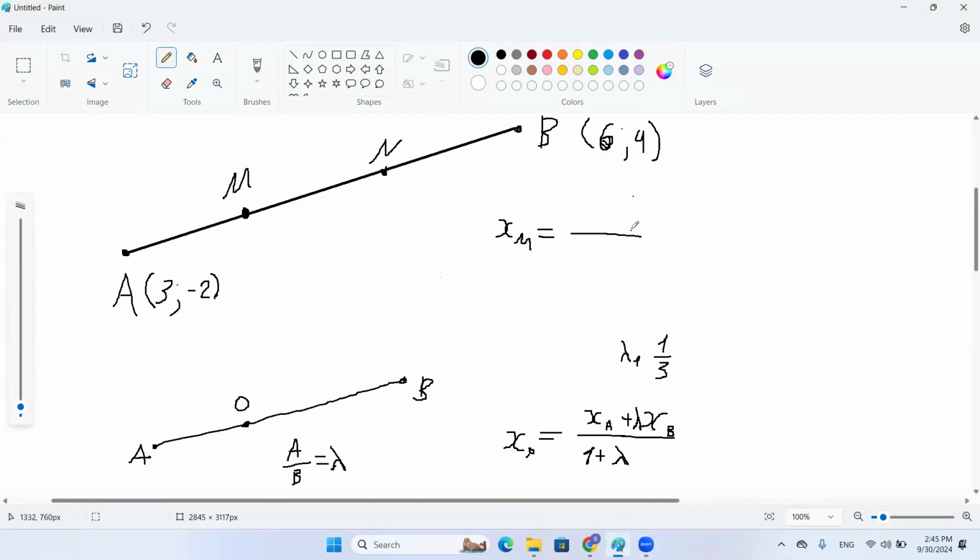So now we are finding x, which is xM for this one. This we divide by 1 plus lambda. So we need to take xA plus lambda xB.